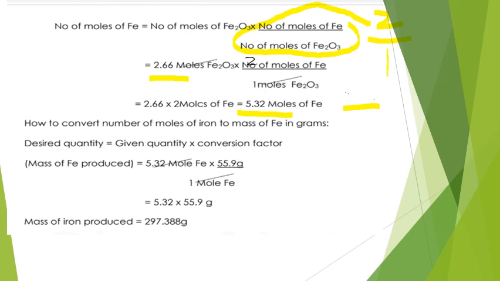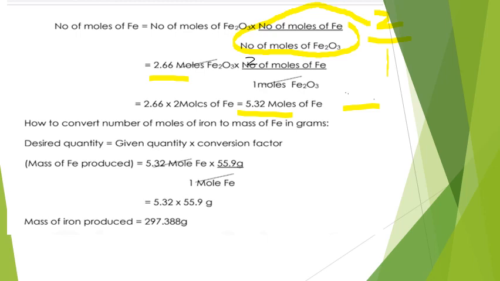Okay, now the last step is to give the answer in terms of mass of iron. So what do you have to do now? You have to multiply the moles by the molar mass of the substance, that is of iron.